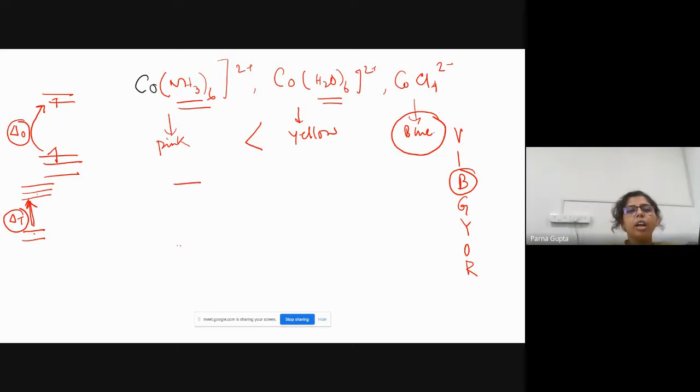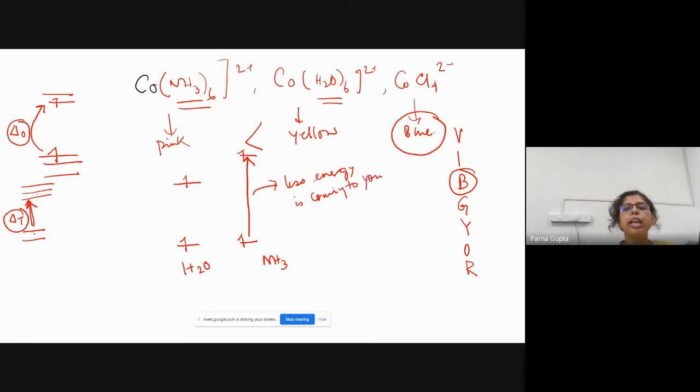If you take water this is the del 0, and if you take ammonia this is the del 0. More energy is absorbed to go from here to here than from here to here, so less energy comes back to you. It is a very layman understanding, but this is the fact. Is it clear?